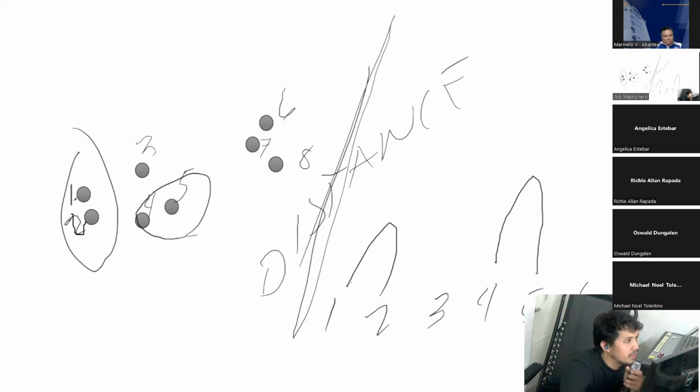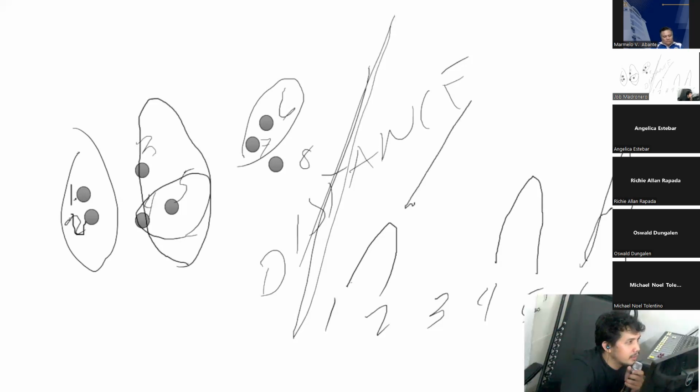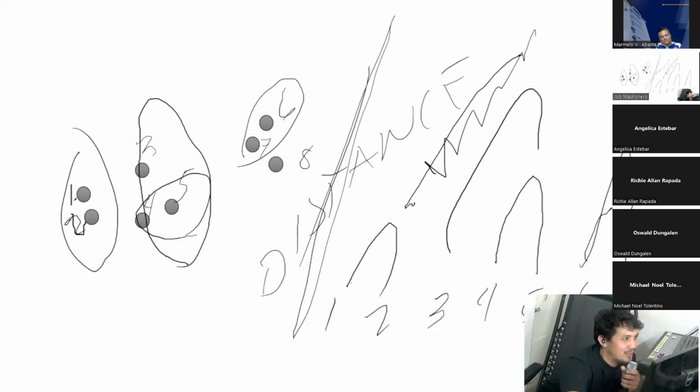So the next one, we will group 6 and 7. And then we will group 3, 4, and 5. Oops, wrong. This is wrong. 4 and 5. I hope you understand it. I know my topic, but I'm not a good explainer. So yes.